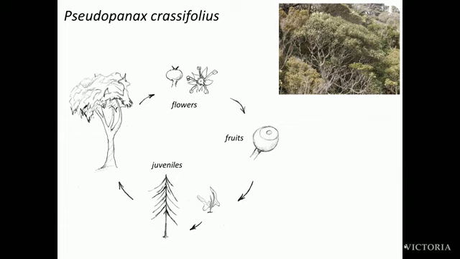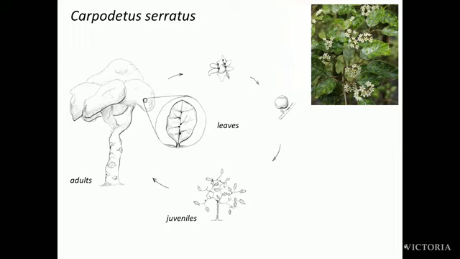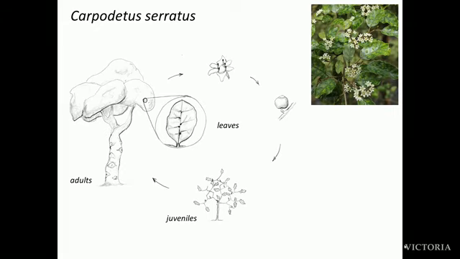And then we talked about the juveniles of Pseudopanax crassifolius, which is probably its most unusual feature: their color and their size and their shape, and the fact that they change completely in morphology once they grow to be adults. Next up was Carpodetus serratus, and we didn't talk so much about its flowers or fruits, because we had talked about those two structures previously in Pseudopanax crassifolius, but we did talk about its juvenile form, which is very different.